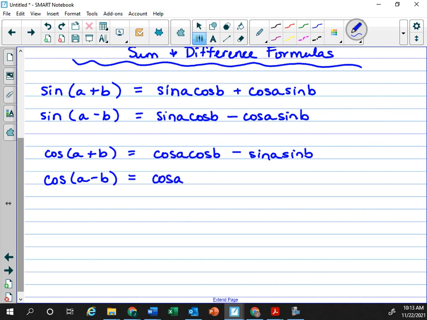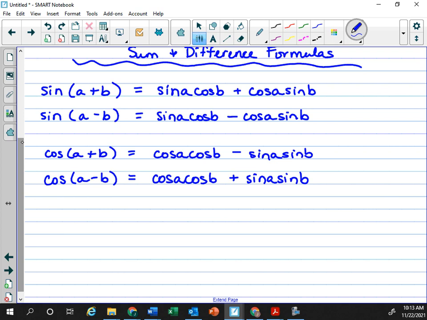So cosine A times cosine B plus sine of A times sine of B. So the sine formulas follow the sign you're dealing with, adding or subtracting. Cosine will be opposite.